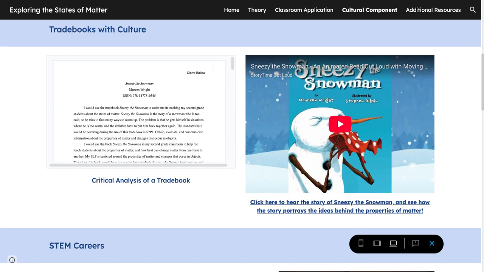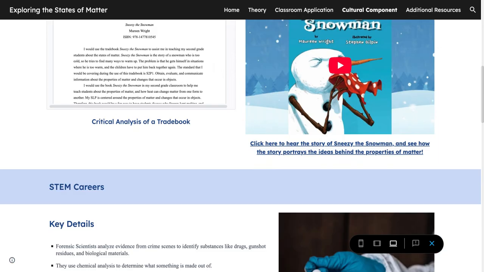It has a very simple setting, just a few characters, but even in what they did use, I thought that they did a good job. There's some diversity in the kids, and there really was nothing that signified a certain country they were in or culture they were a part of. So I felt like it would be good for any culture.